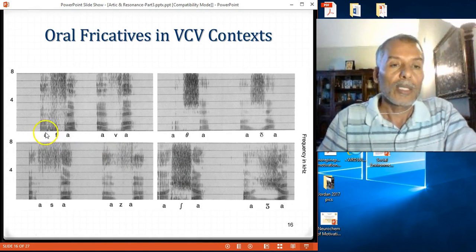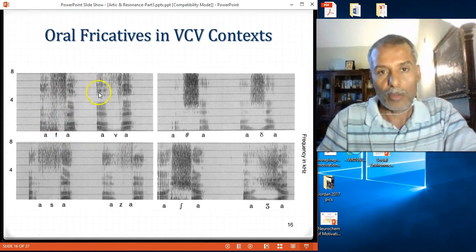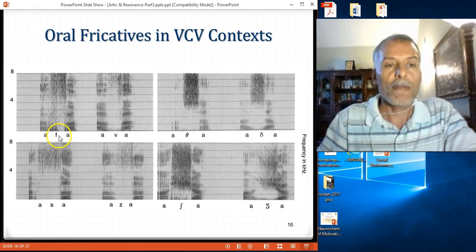Here you can see how they are plotted on the spectrogram. When you say fa, fa, you can find a lot of noise. You don't have a distinct formant for this, but you have noise along these formants that goes up to 8,000.